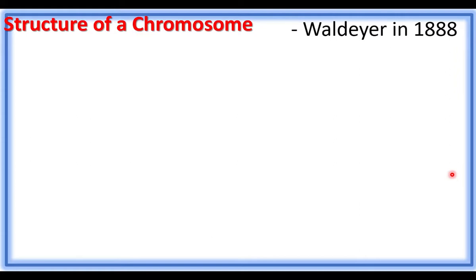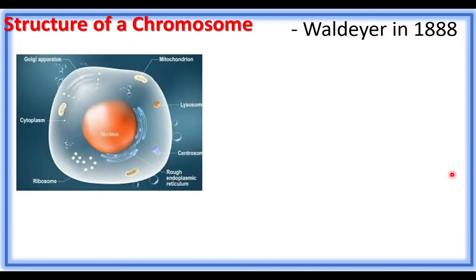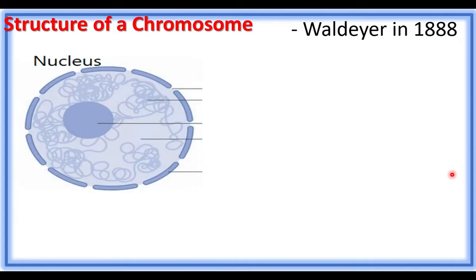The term chromosome was coined by Waldeyer in 1888. Our body is made up of cells. Inside each cell, there is a nucleus. The nucleus has thread-like structures called the chromatin network.